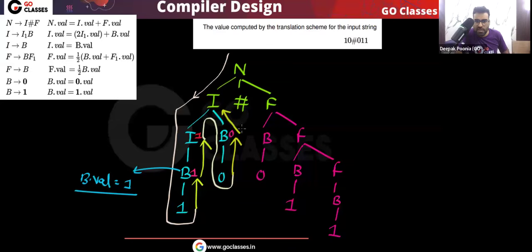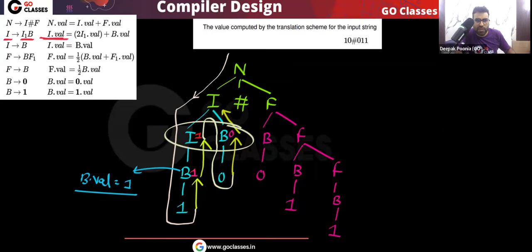Next, you can notice that another reduction we got. What is the next reduction? That is, this ib is reducing to I. Immediately after this reduction, this corresponding semantic action we will execute. Remember this I is the head.